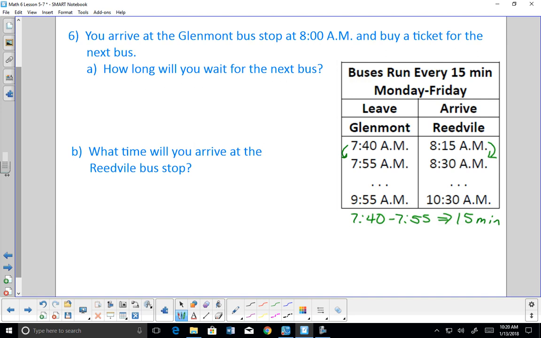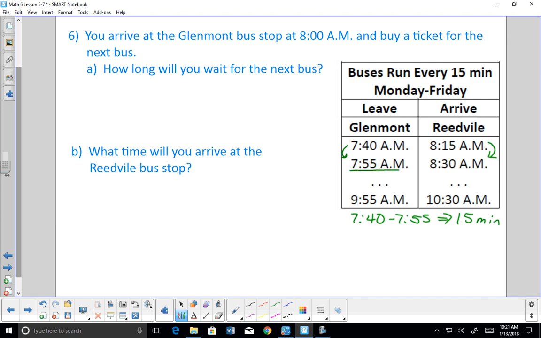If I just barely miss it, I watch it drive off as I run to the bus stop, I know I have 15 minutes I have to wait. If I come between buses, I need to know if I am going to be waiting 14 minutes and 30 seconds? Or am I going to be waiting 2 minutes? Okay, so let's say you arrive at the Glenmont bus stop at 8 a.m. and buy a ticket for the next bus. If you arrive at 8, that's just after the 7:55 a.m. bus.